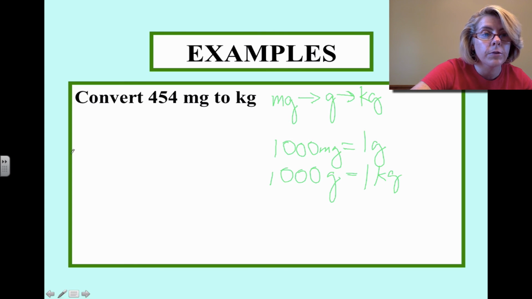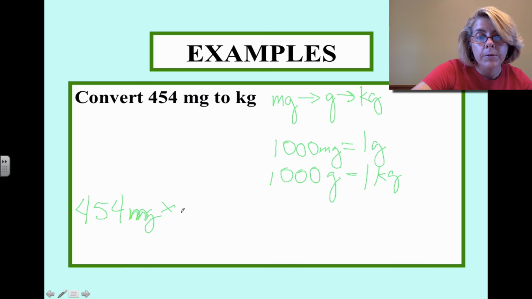Okay, now with these conversion factors, I'm going to take that 454 milligrams, and how many, sorry, my M doesn't look too good there. How many significant figures am I starting with? Yes, 3, okay. Now I have milligrams, so I want to make sure that my conversion factor has milligrams on the bottom, so I'm going to put 1,000 milligrams on the bottom and 1 gram on top.